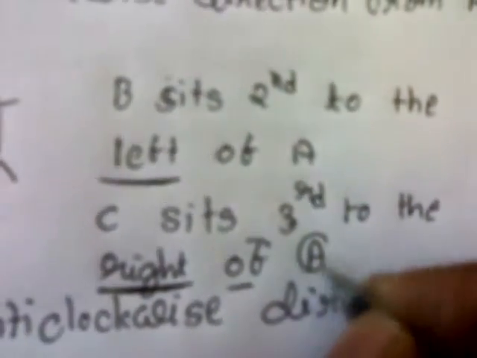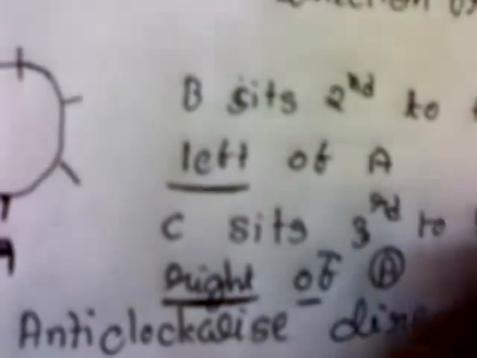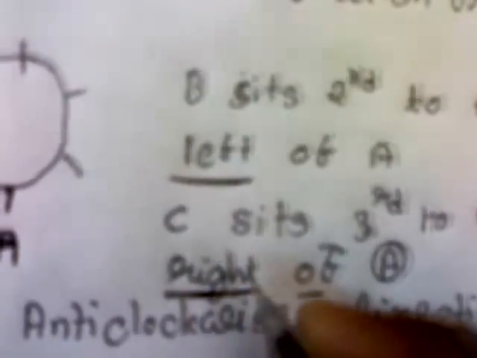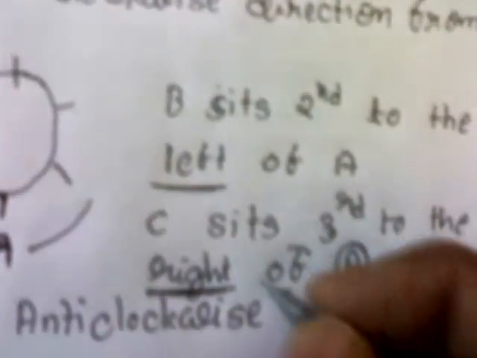The letter followed by of is A. We have already put A on the circle, and now because of the word right, we will move in anti-clockwise direction from A, and the third spot will be 1, 2 and this is third, so C will be here.